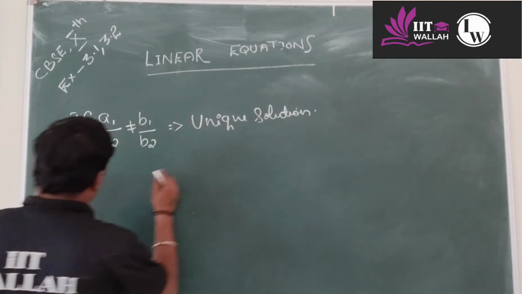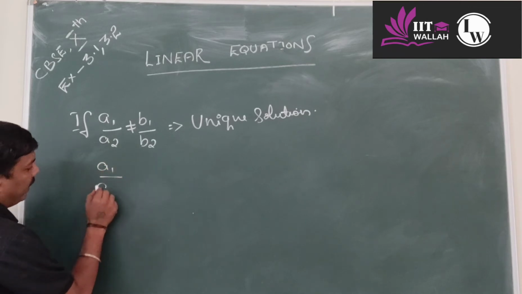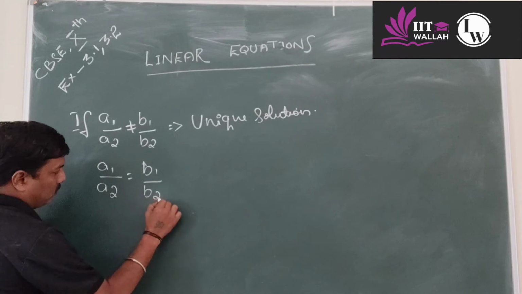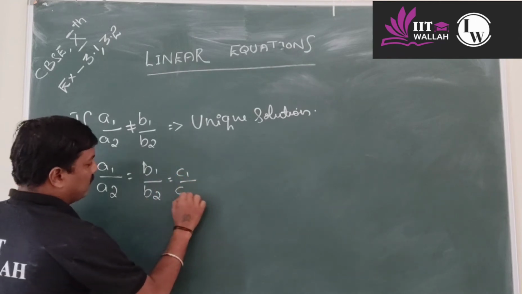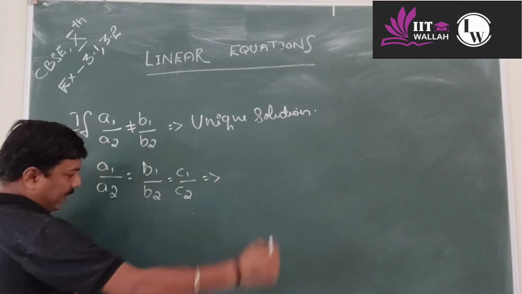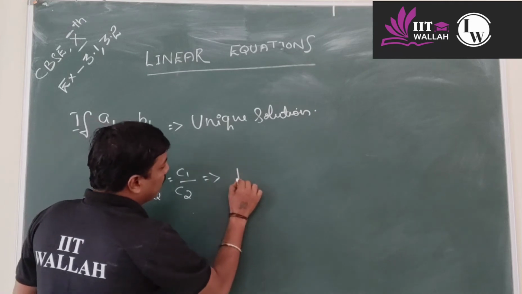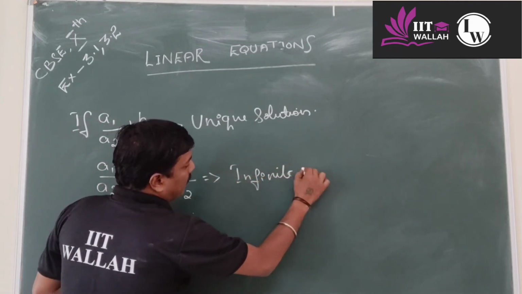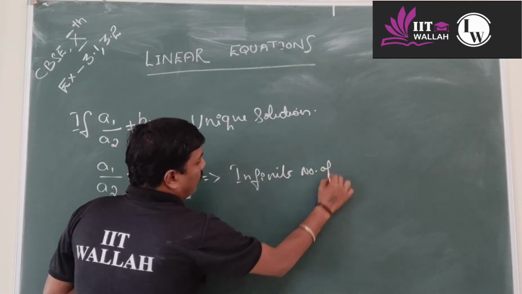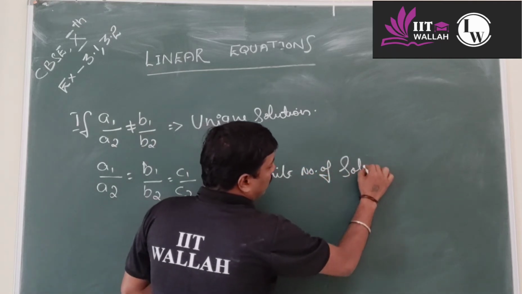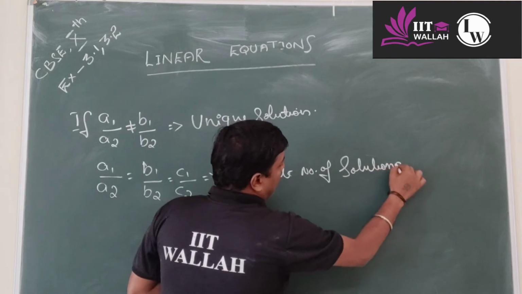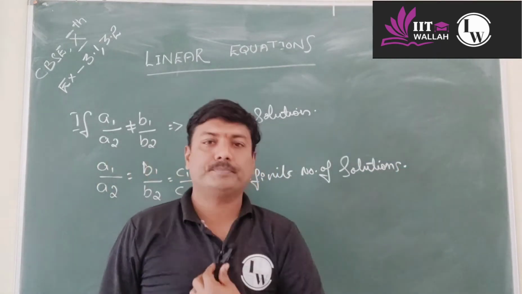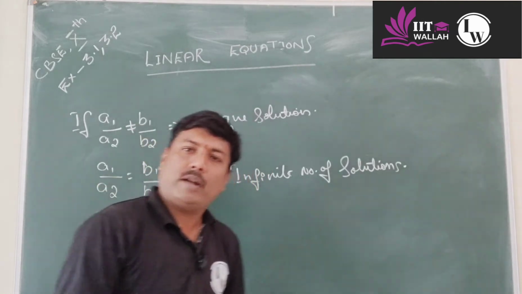And if a1 by a2 is equal to b1 by b2 is equal to c1 by c2, then we are getting an infinite number of solutions here.